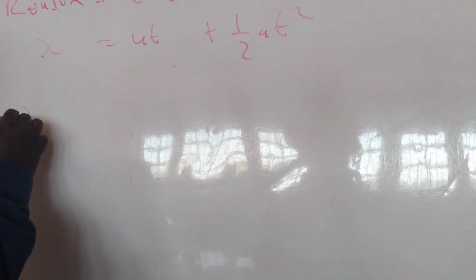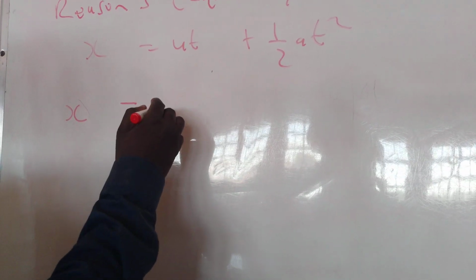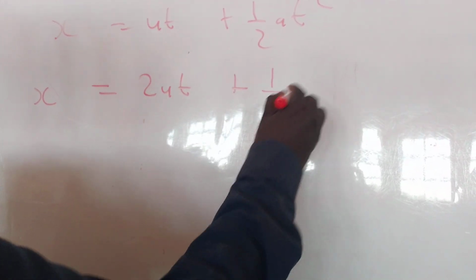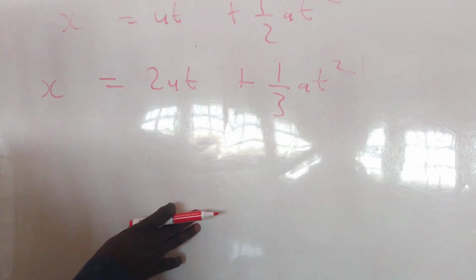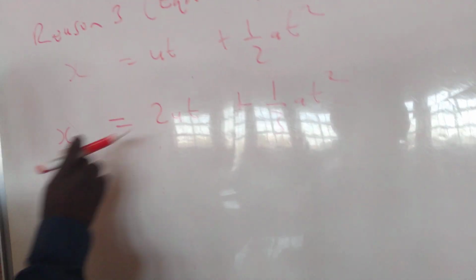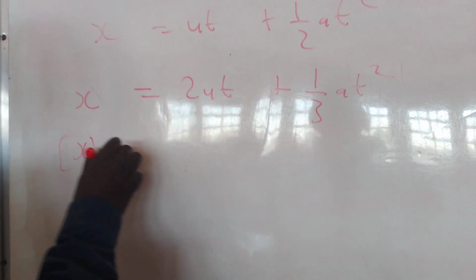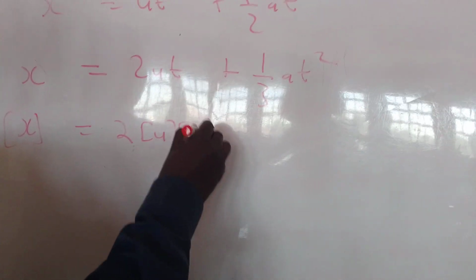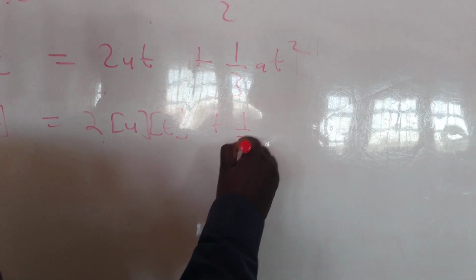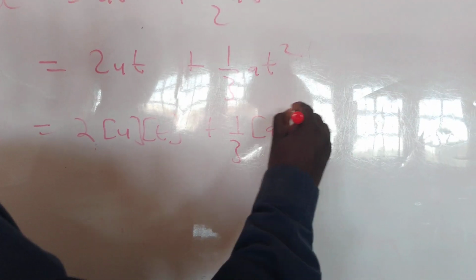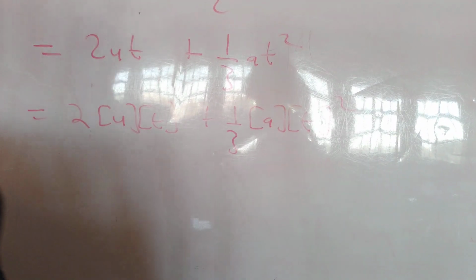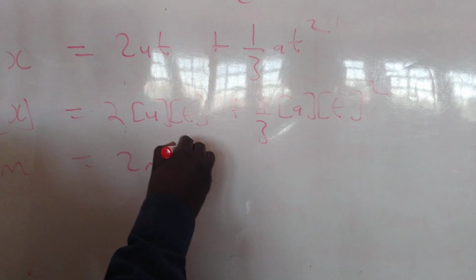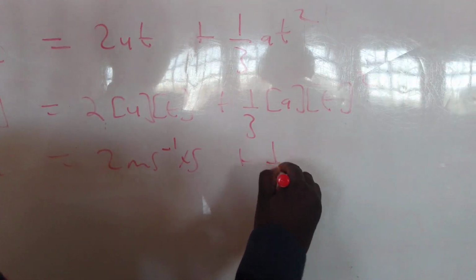Then somebody says that the actual equation is x is equal to 2ut plus 1/3 at squared. This equation is homogeneous but incorrect.